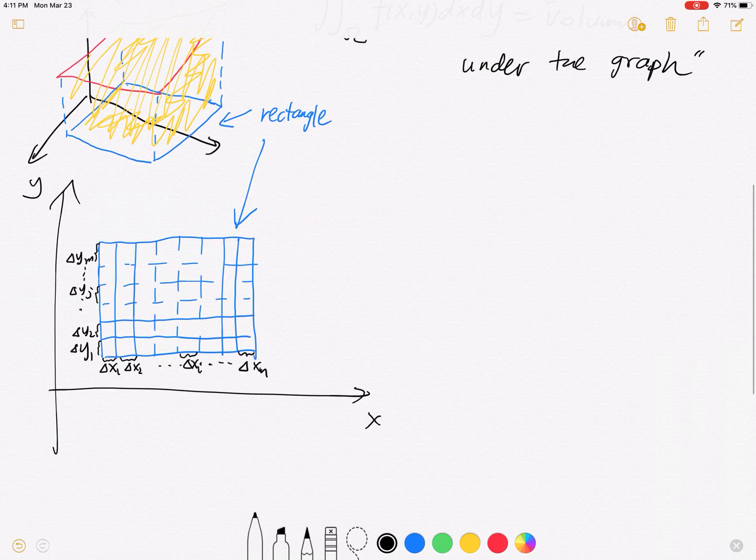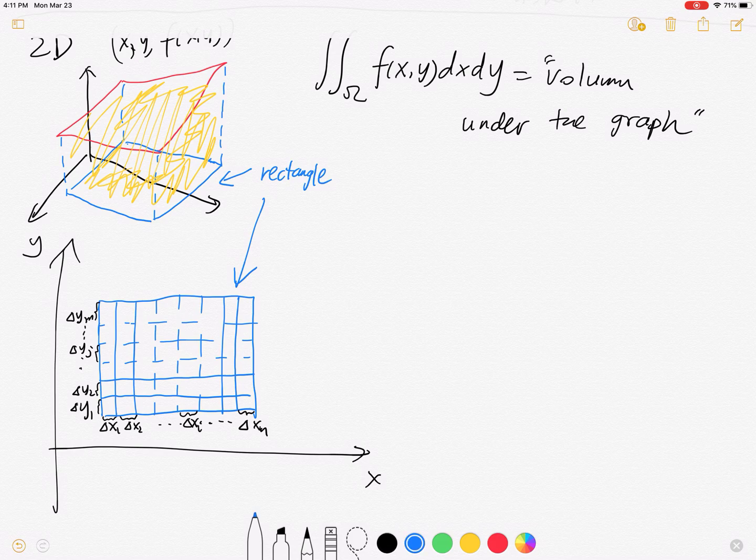And then if you do this cutting for the base, then you can approximate the three-dimensional solid by rectangular boxes.